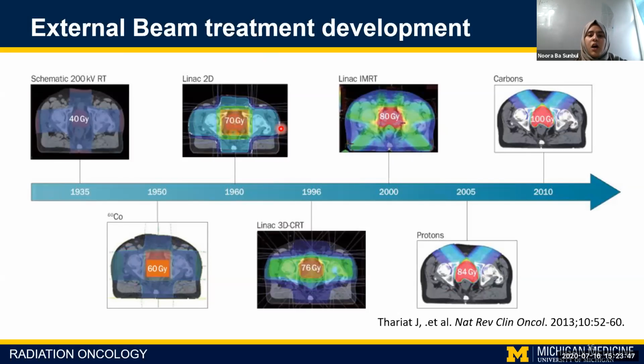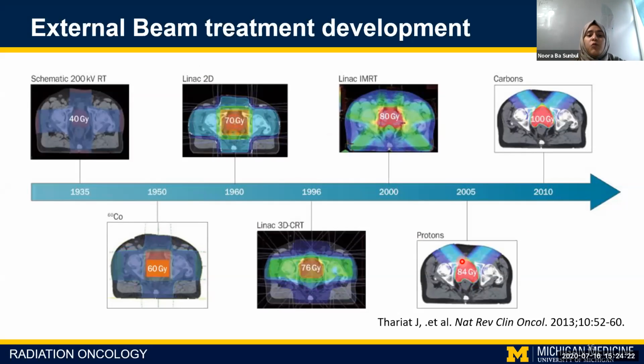So we went from simple 2D treatment planning to 3D treatment planning, to even more complicated treatment delivery techniques, different shaping of the beam, and currently even electrons and protons, which have the advantage of the Bragg peak effect, are used to deliver the dose to the shape of the tumor while delivering the least possible dose to the surrounding normal tissue.